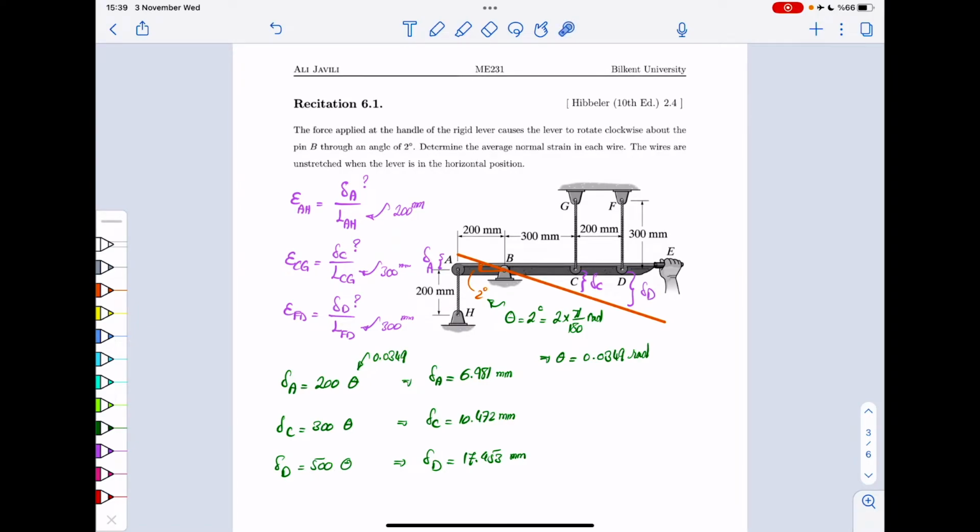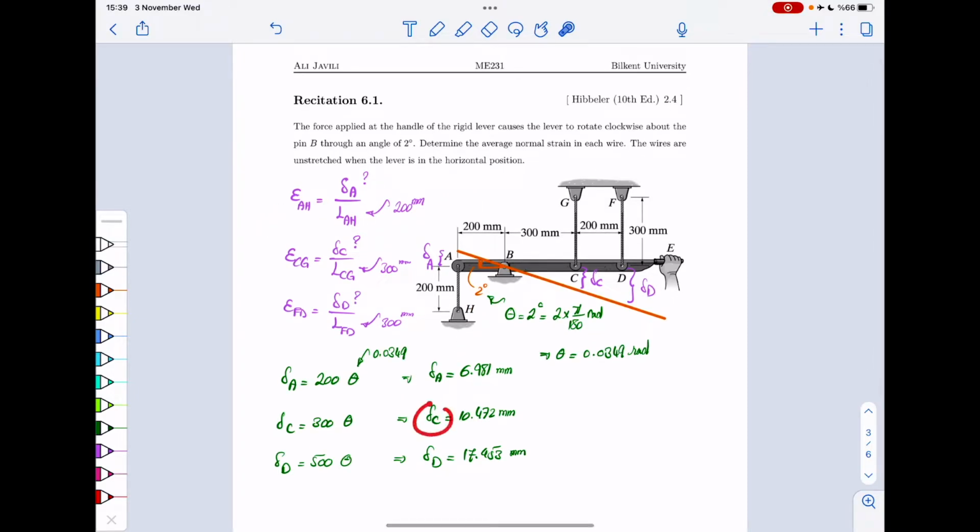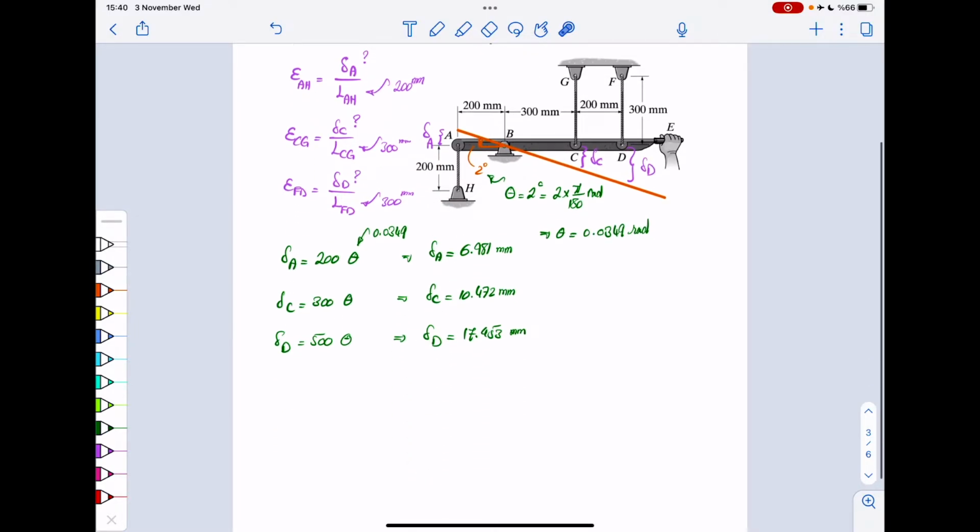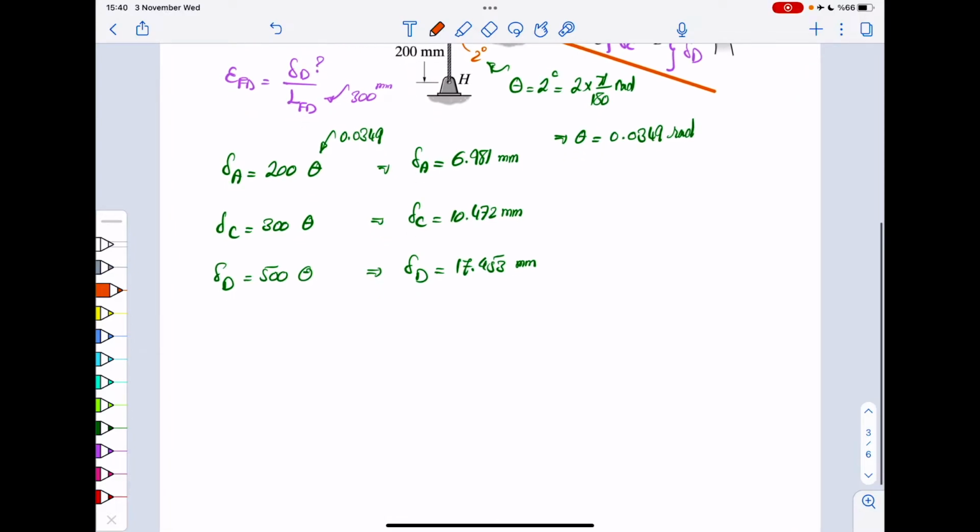Now you have everything you need. So you have delta A, you insert it here. You have AH, so you can calculate epsilon AH. You do the same thing here, you compute epsilon CG. You do the same thing here, you compute epsilon FD. So if you do that, then epsilon AH would be 6.981 divided by 200.